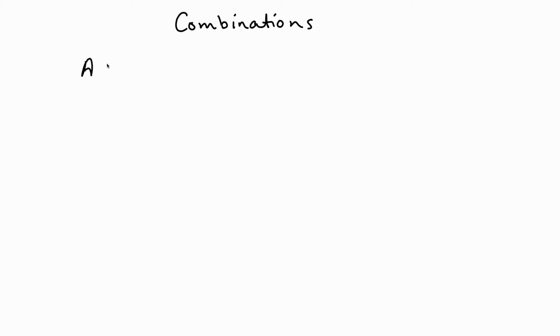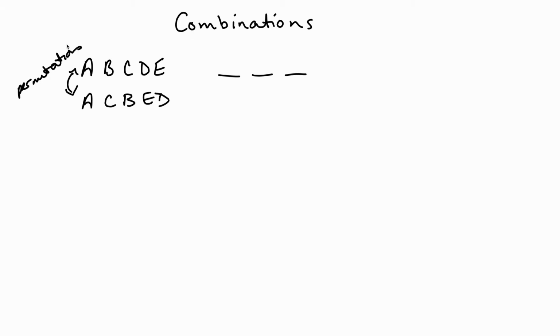So, going back to my sticking letters into slots example. In permutations, order matters. So if I'm making permutations, right, A, C, B, E, D, those are 2 different permutations. In combinations, order does not matter.